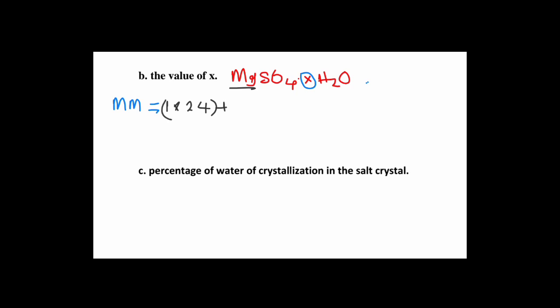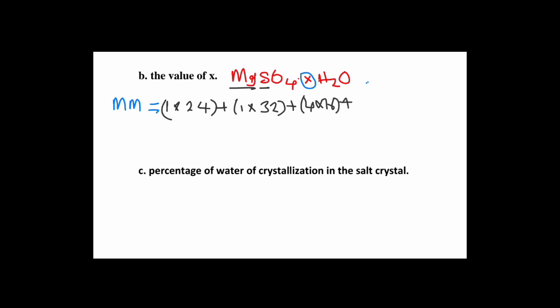Plus sulfur. We just have 1 atom of sulfur, so we'll say 1 times the atomic mass of sulfur, which is 32. Plus. Then oxygen, we have 4 atoms, so we are going to say 4 times 16, plus.